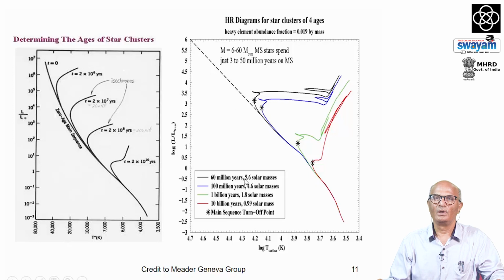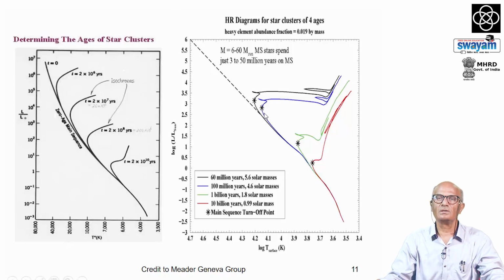For example, it is 60 million years for 56 solar mass. It increases as the mass decreases. For 4 masses it has been shown, in the range of 6 to 60 solar mass, and they spend just 3 to 50 million years on the main sequence, which is given here.